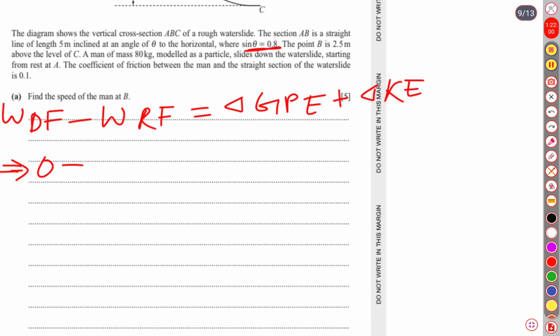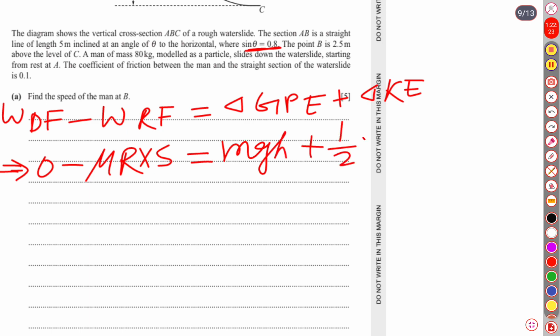For resistance, it is mu R. Work is equal to force into displacement. So the resistance force is mu R, because the slide is rough, not smooth at all, into s. s is the displacement, okay. Then the change in GPE is mgh plus half mv squared, okay.